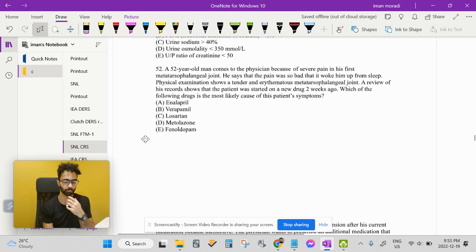Question 52 is a 52-year-old guy. Severe pain in the finger joints, metatarsophalangeal joints, right? You can't see them, but it's like the knuckle joints. It wakes him up from sleep. Okay, whatever.